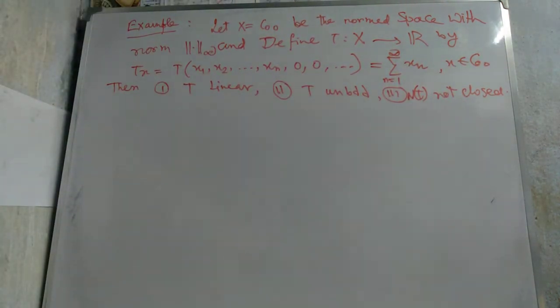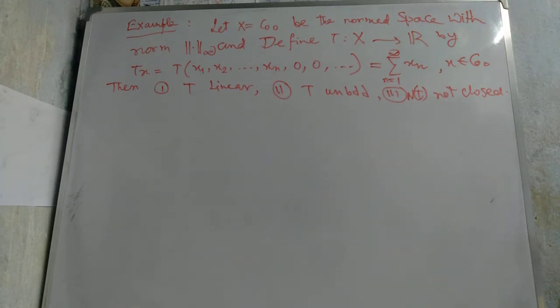Then how we do it? Simply we show that. In the previous class we also discussed this: T is linear and T is unbounded.